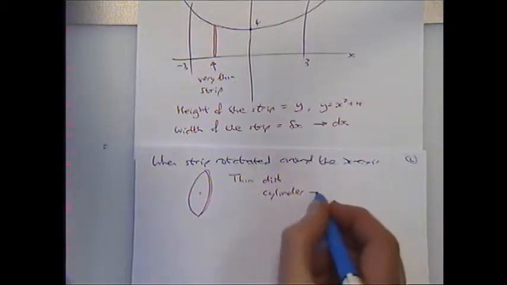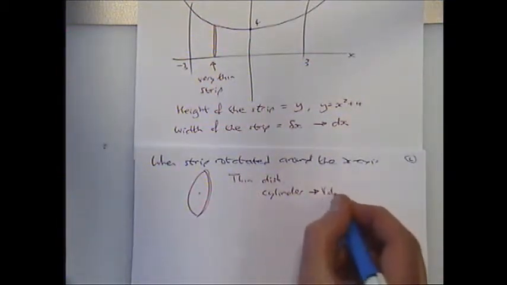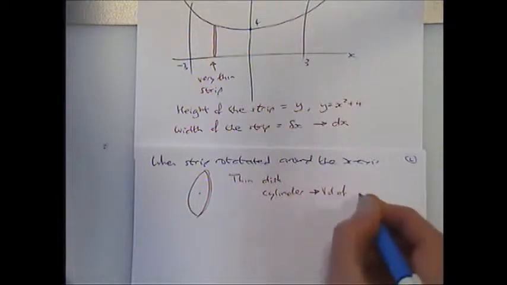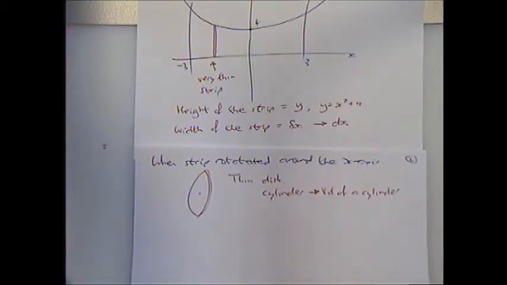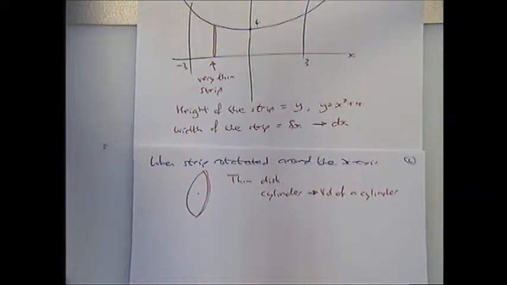Now, if you thought of it as a cylinder, what is the volume of a cylinder? Surface area by... Yes, okay, if that's the way you learnt it, fair enough, you're correct. What is then the surface area of the circle?